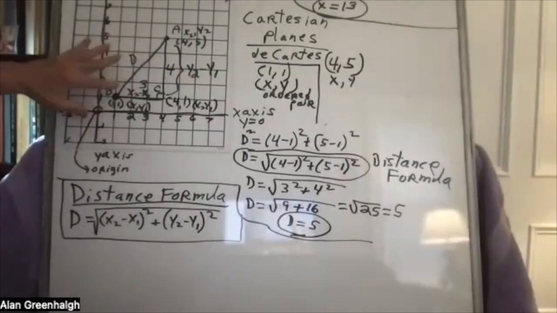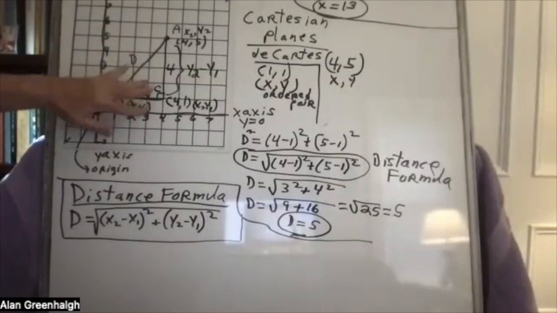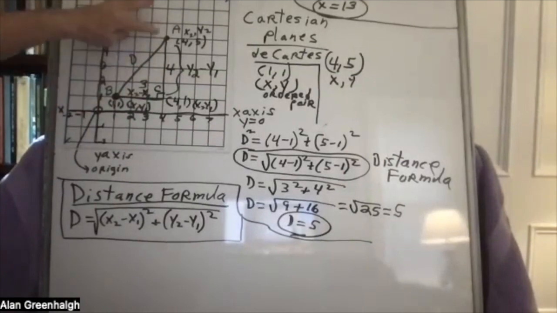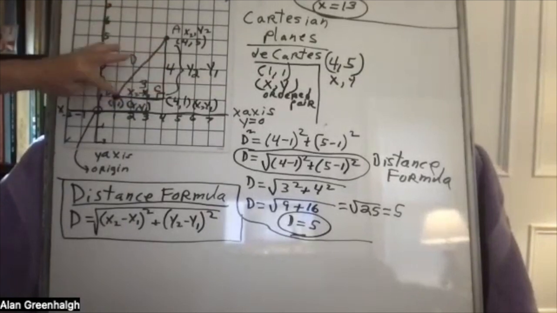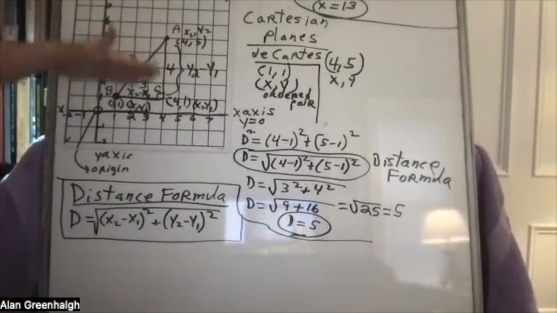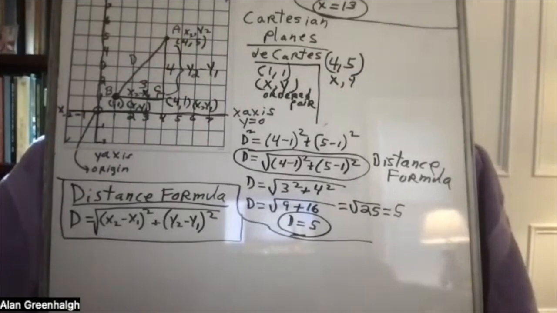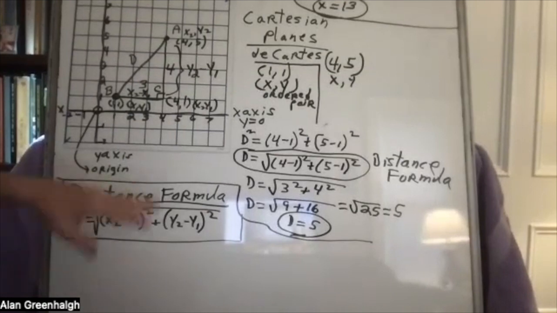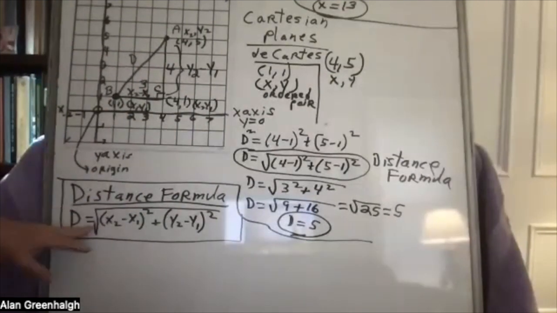Sometimes it doesn't come out to such a beautiful triangle like the one I drew, where we were told to drop the perpendicular and connect the two. That was beautiful. But what happens if the points are anywhere and it doesn't come out to such a beautiful right triangle? Well, you could find the distance between 2 points anywhere by just simply following this formula.